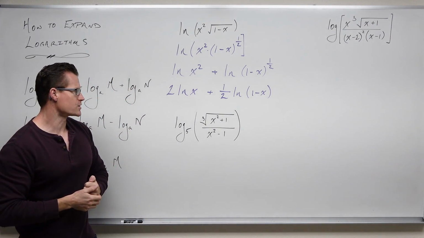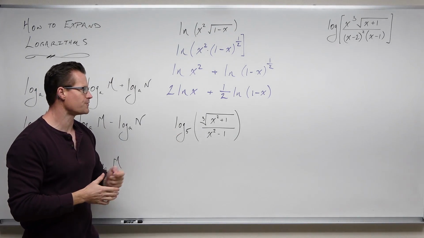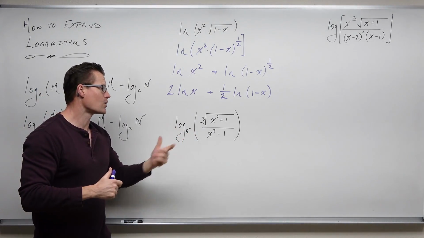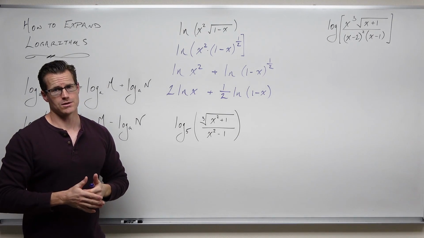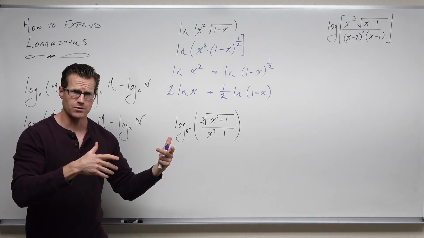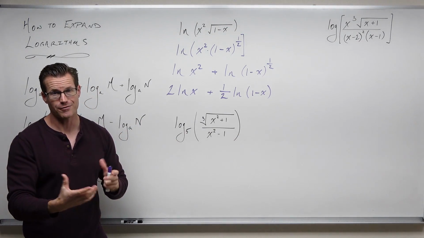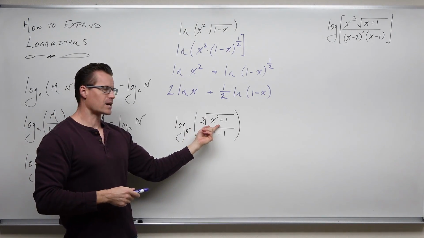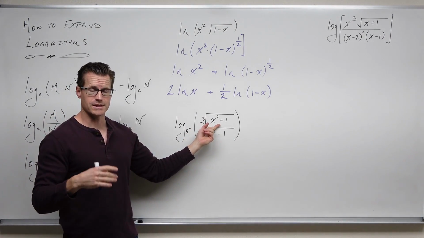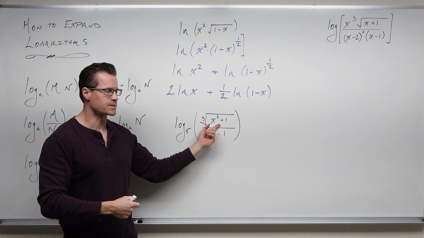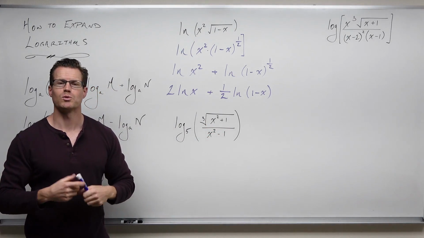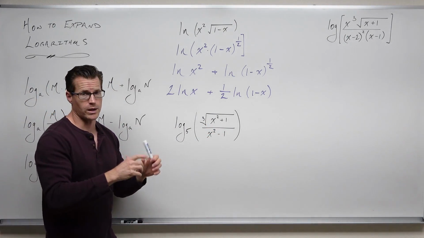So the first thing we're understanding is that this is a logarithm. It's got a base of 5, and wow, there's a lot going on in here. Number one thing in your head is when you see expansion of logarithms, I need you to factor stuff. So this is factored. X squared plus 1, you can't go any more. That's an irreducible quadratic. We've seen it many times. But x squared minus 1 is certainly factorable, and we need to factor that right away.